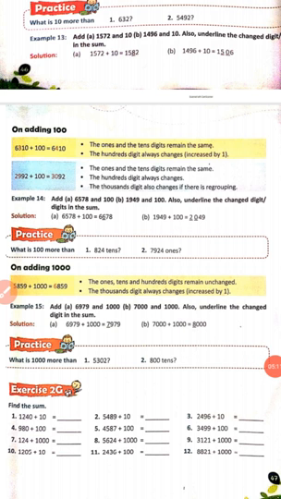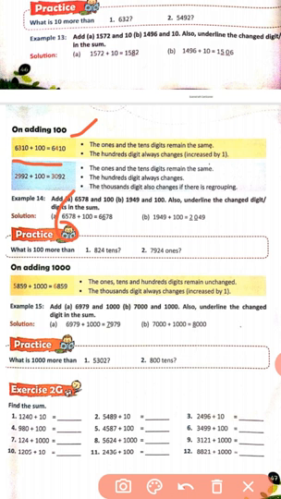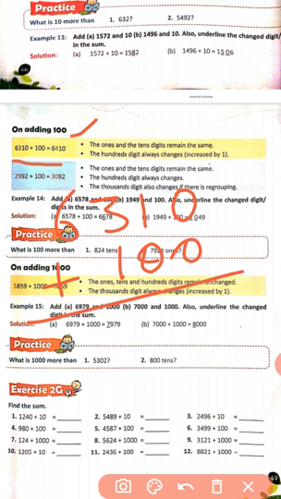Now on adding 100, we have to add 6310 plus 100. 0 plus 0 is equal to 0, 1 plus 0 is 1, 3 plus 1 is 4, and 6. Now we have sum 6410.